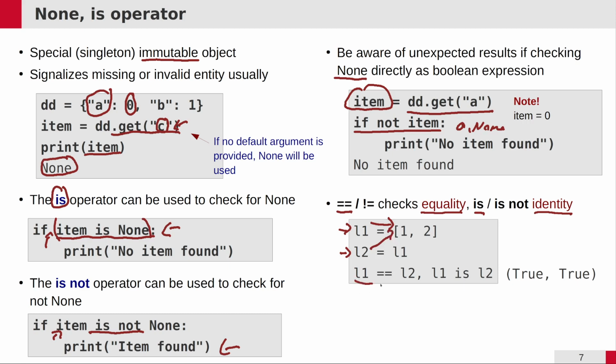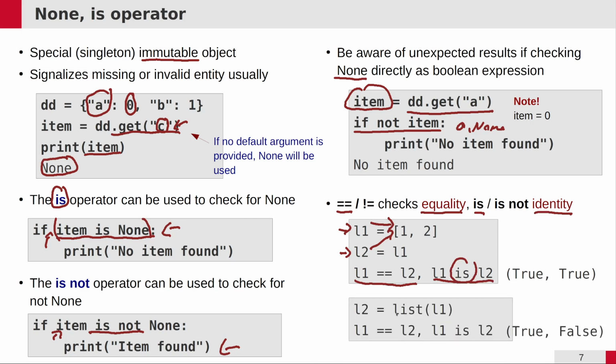If you are checking whether L1 is L2, of course they are, and you can even check whether L1 and L2 are pointing to the same object in memory; this is what you can check with the is operator, and in this case that would be true accordingly. Now if you make a copy of the list L1, as you remember, we can copy the list by applying the list function with the list as an argument. Then L2 will be a separate copy of L1.